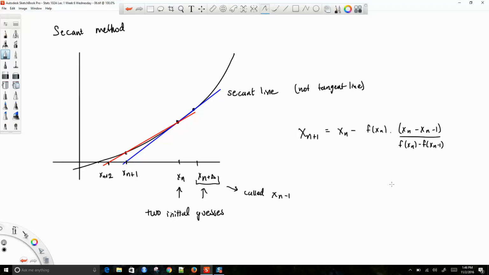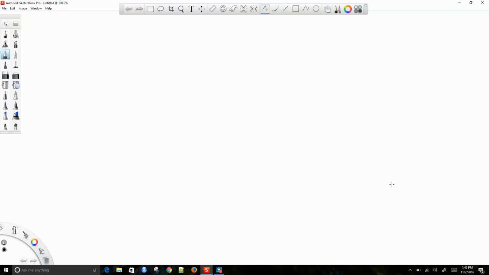Okay? And then the last method is called the bisection method. Okay, this is also known as a bracketing method.